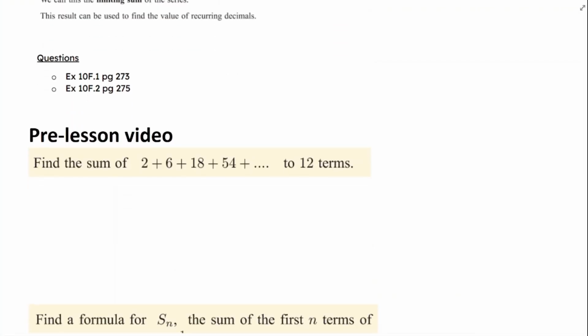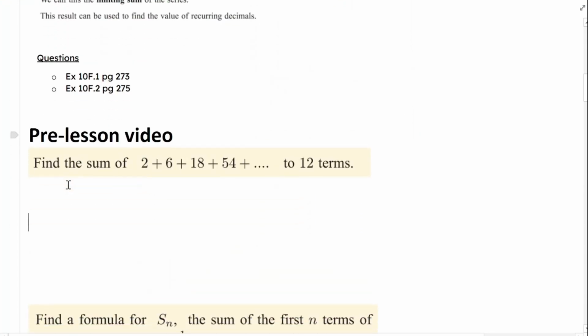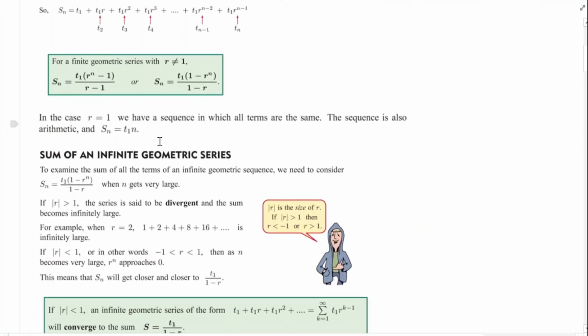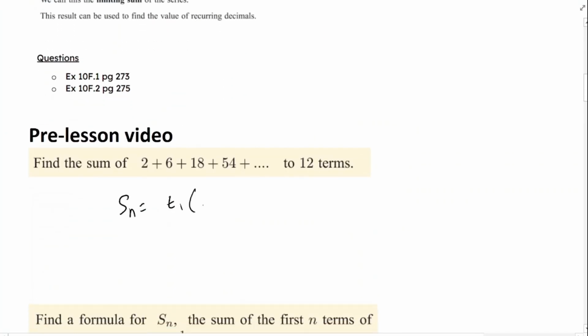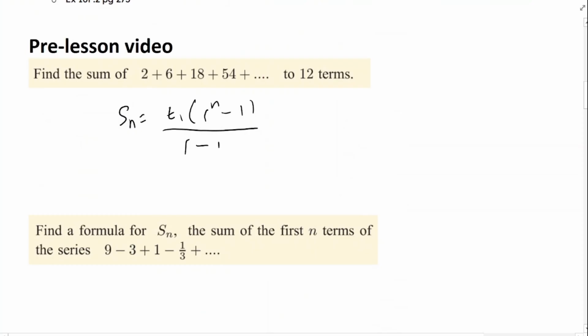So the first thing we're going to do is find this sum up to 12 terms. We're going to use our formula here. They're basically the same formula. So Sn is T1 times r to the n take 1, all over r take 1. We need to figure out what all these bits are. T1 is 2, r is going to be, well, 2 times 3 gives you 6, so it's timesing by 3 each time.